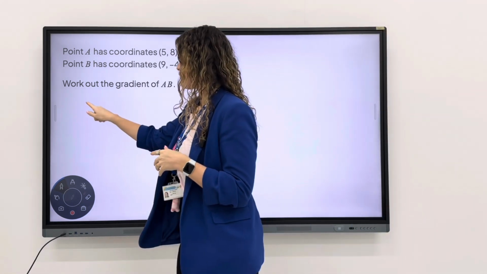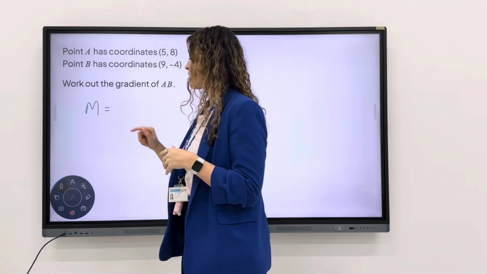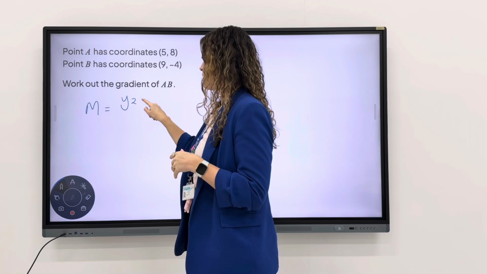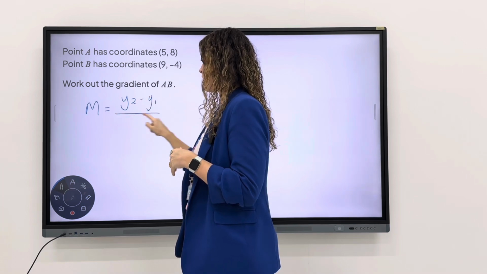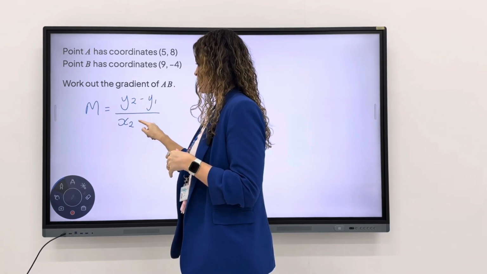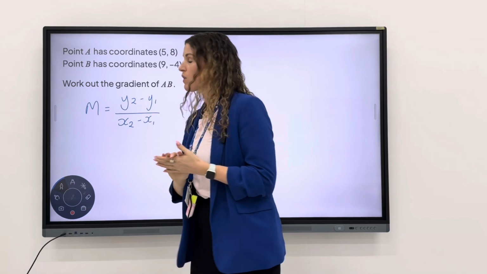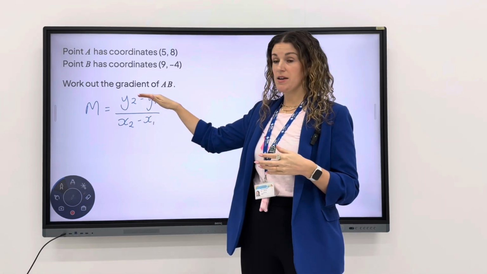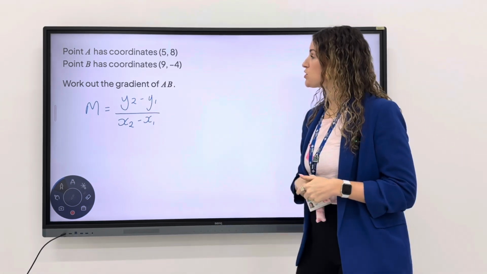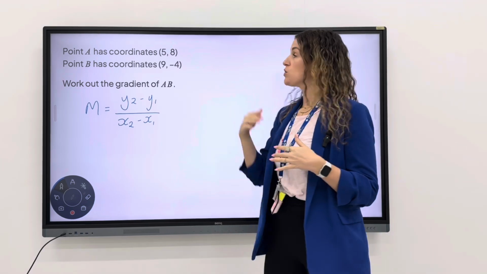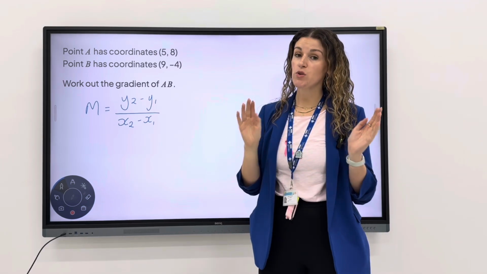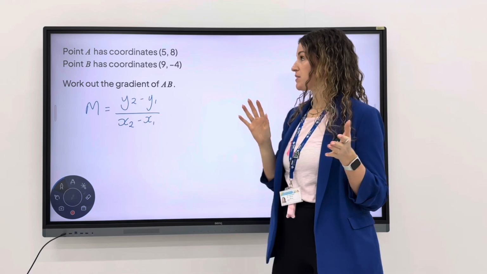So the formula for gradient is y2 minus y1 divided by x2 minus x1. Okay, so your change in y divided by your change in x. So again, it's really important to label your coordinates before you start to prevent getting mixed up.